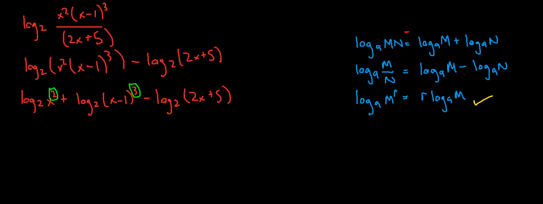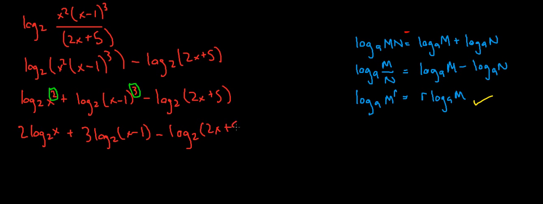So this is 2 times log base 2 of x, because this exponent is now gone, I've brought it down in front of the logarithmic expression, plus 3 times log base 2 of (x minus 1) minus log base 2 of 2x plus 5. It's an ugly log, a rotten log.